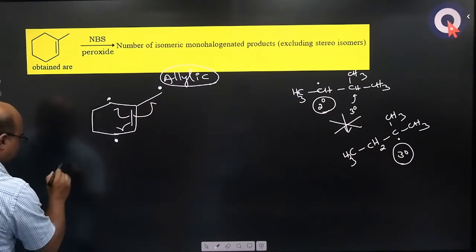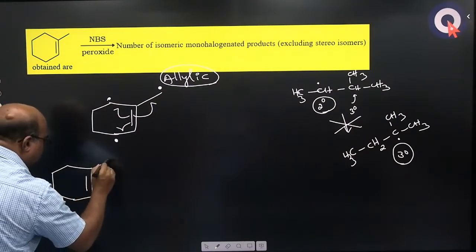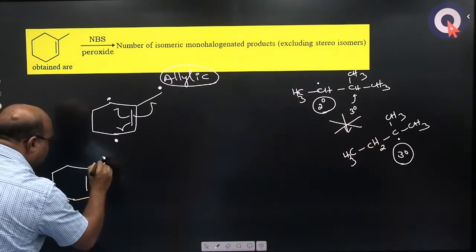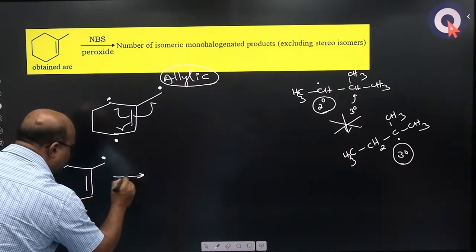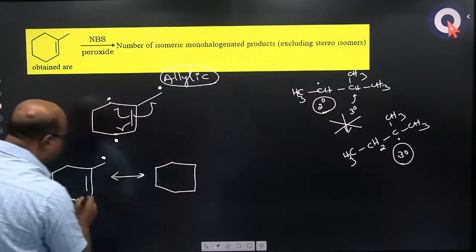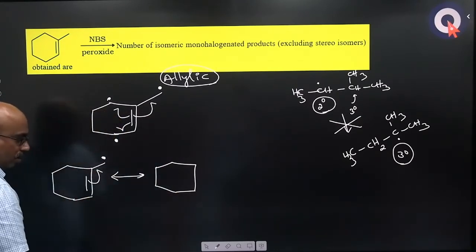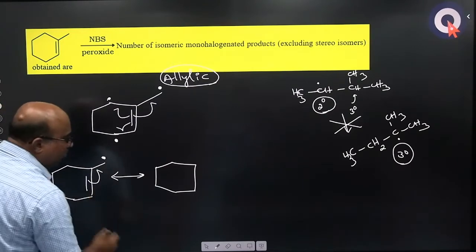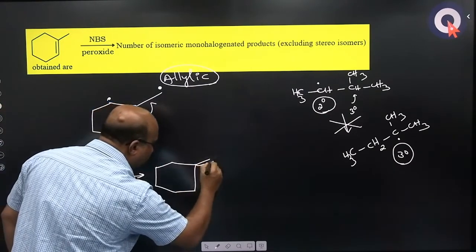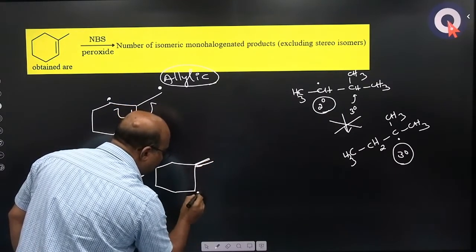Let us write individually. The double bond is here, with the radical here. What is its resonance structure now? We will see this pi bond shifted towards this side, and then the radical is formed here. So the double bond exists outside, and this carbon will have a radical.